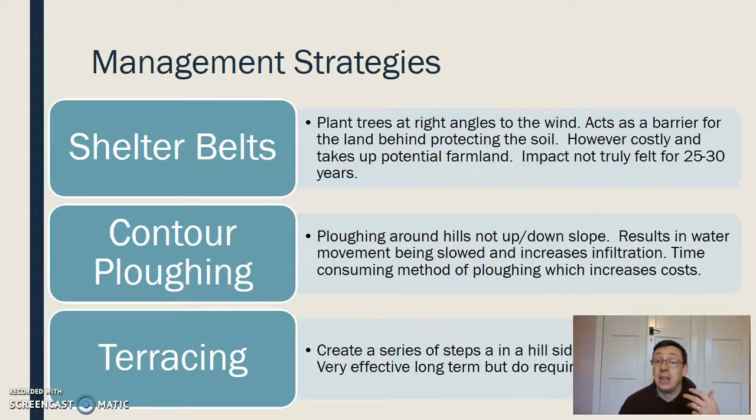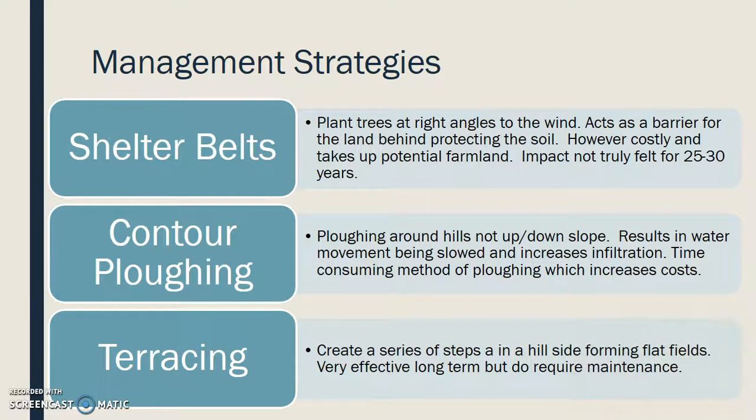But again, it's time consuming, and it's quite difficult to do accurately. The last one that we've got here is terracing, and it's this idea of cutting steps into a slope. That creates flat farmland, which is good because it's easier to work on flat land, but you need to maintain these flattened fields, and again, it's expensive. It costs money to do that.